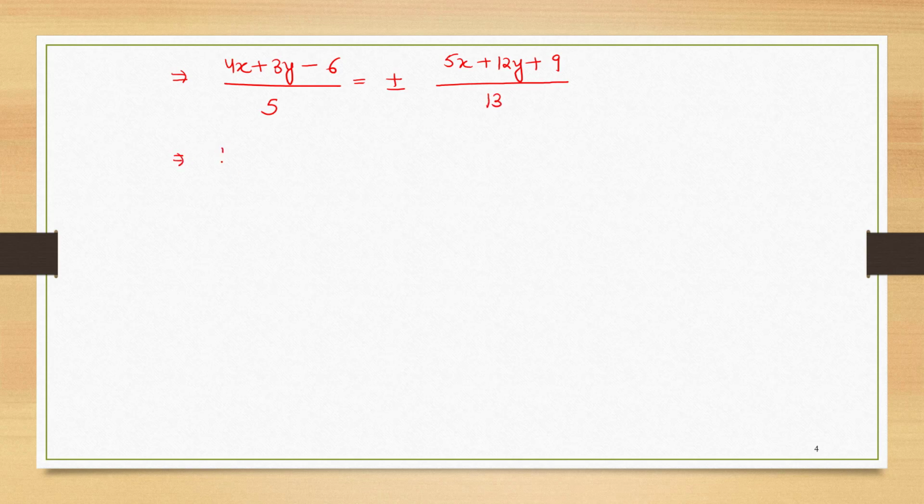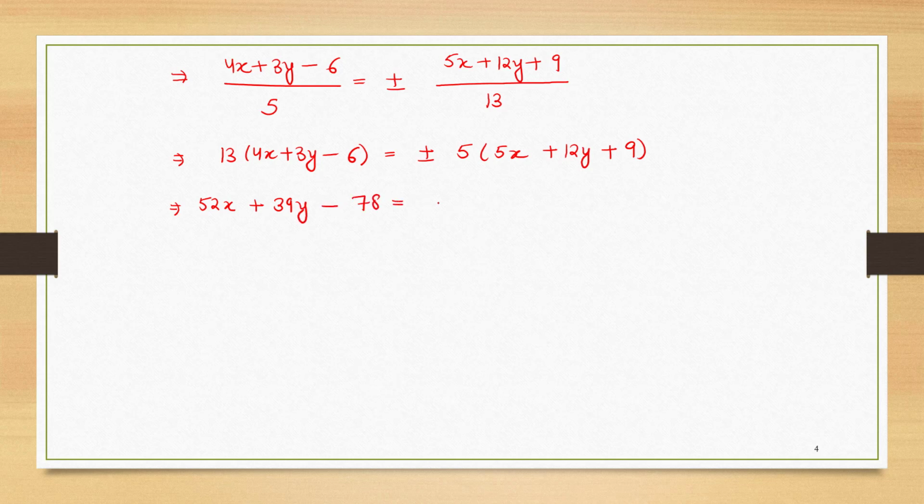Cross multiplying, we get 13 times (4x plus 3y minus 6) is equal to plus minus 5 times (5x plus 12y plus 9). That is 52x plus 39y minus 78 is equal to plus minus (25x plus 60y plus 45).